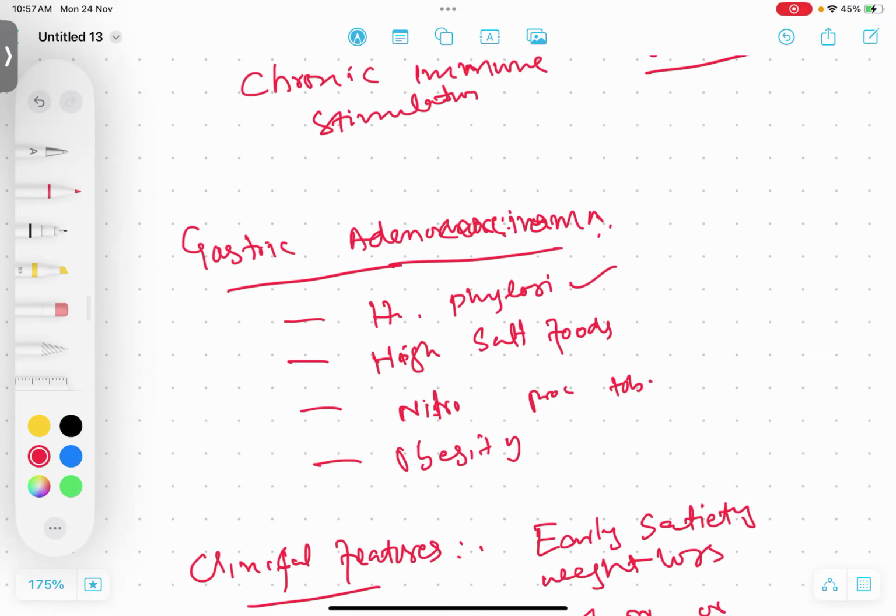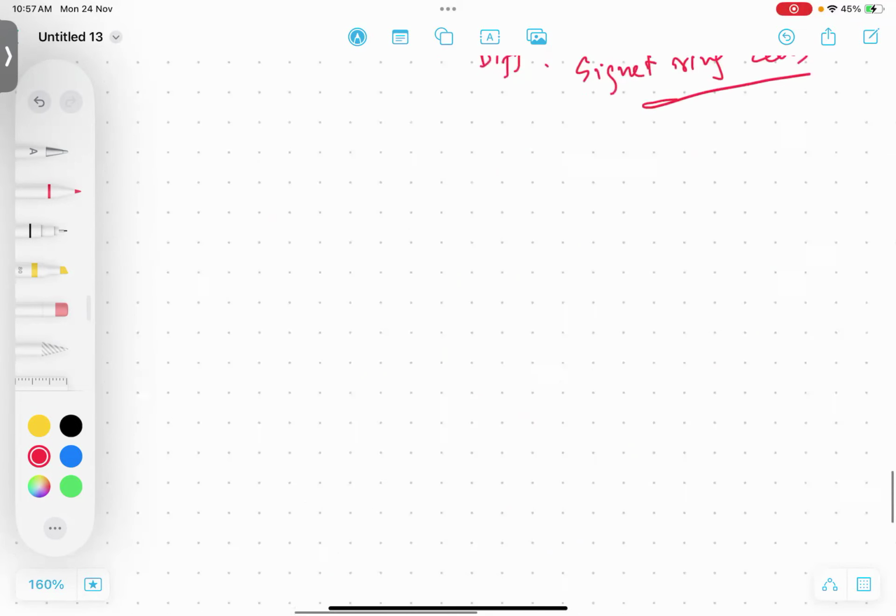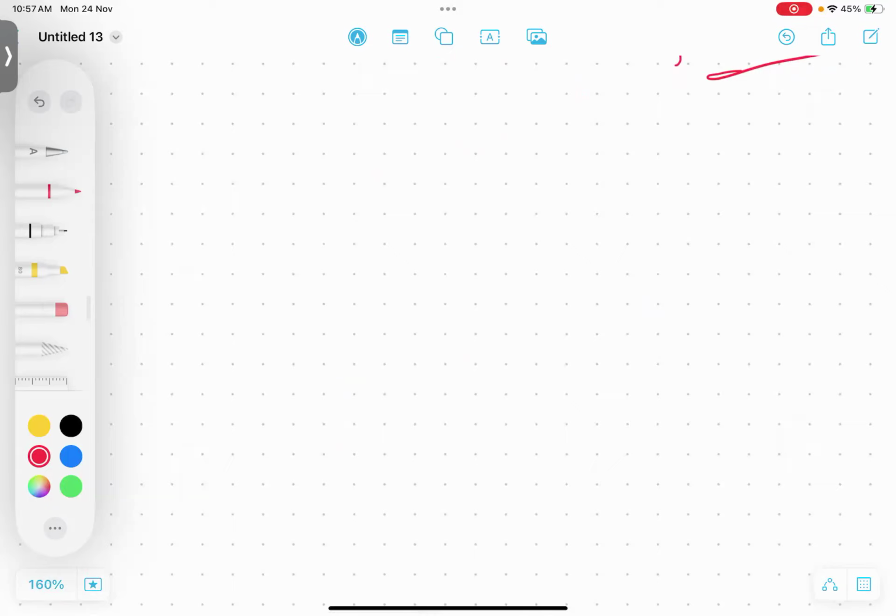Also autoimmune chronic atrophic gastritis, obesity, etc. So these are the important risk factors, right? All right.